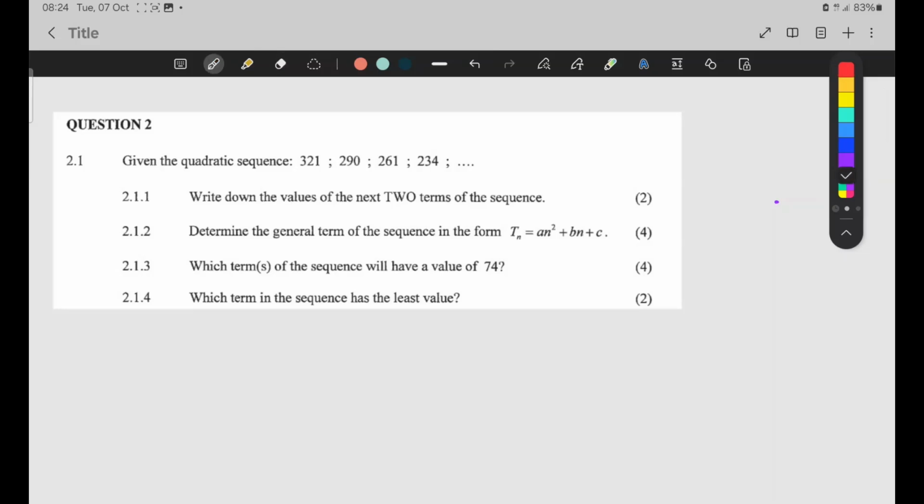Okay, the next question says, which term or terms of the sequence will have a value of 74? So which term is equal to 74? I'm going to take my general term that I just worked out and make it equal to 74.